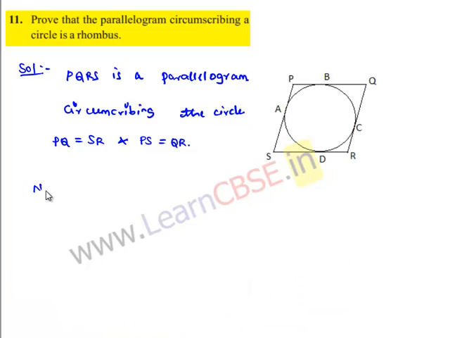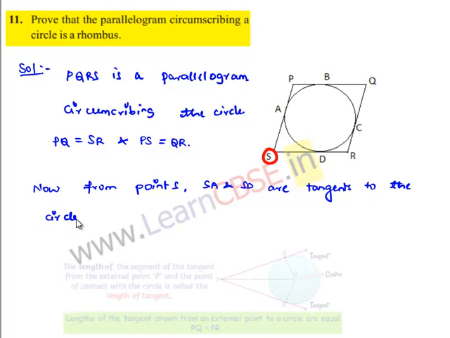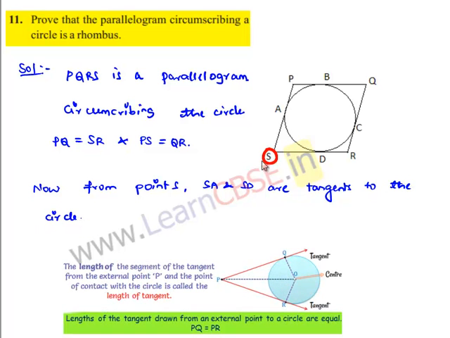Now, if we consider point S, SA and SD are tangents to the circle. Therefore, the lengths of the tangents from an external point to the circle are always equal. Therefore, AS will be equal to SD.